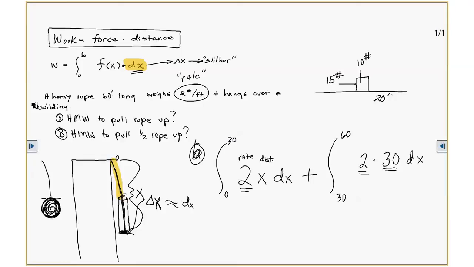This is 30 feet, and this is 60 feet. So now I'll do part B. And then I want you to look at the answer and think about the answer compared to A.